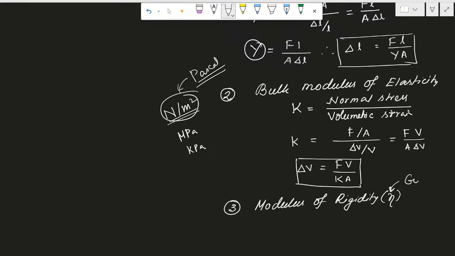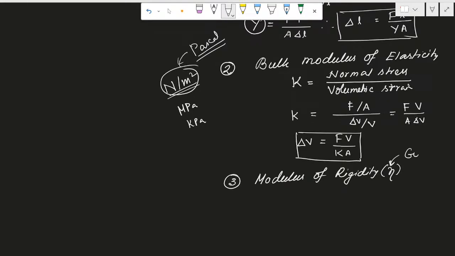So various notations are used, so don't get confused. All of them are rigidity modulus only, and this is eta.